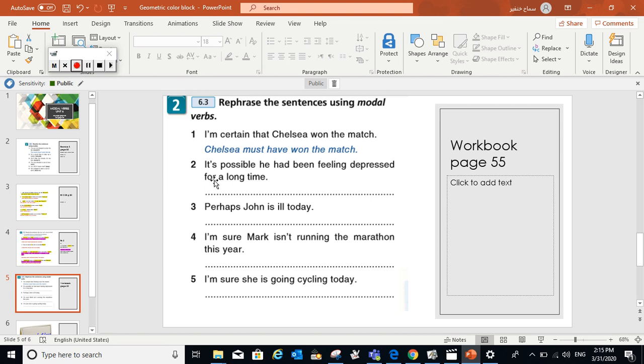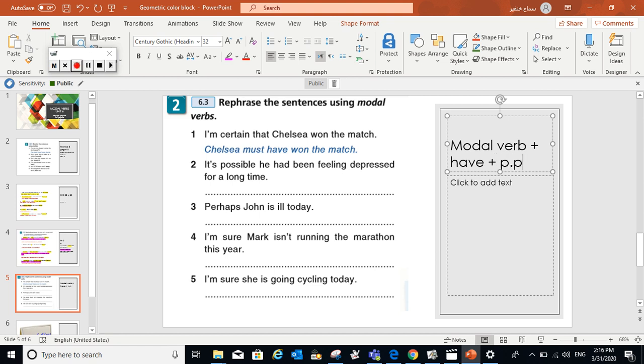Now look at this. It's possible he had been feeling depressed for a long time. So it's possible. So we can use here may, for the word possible. But look here, had. Here we are going to follow the same rule in the past. Sorry, I have to erase this. So the same rule in the past, modal verb plus have plus PP.